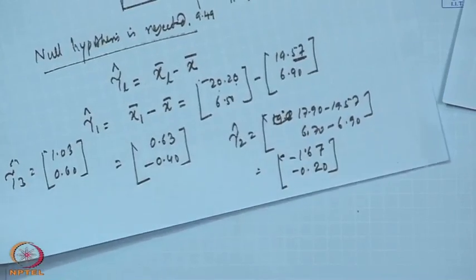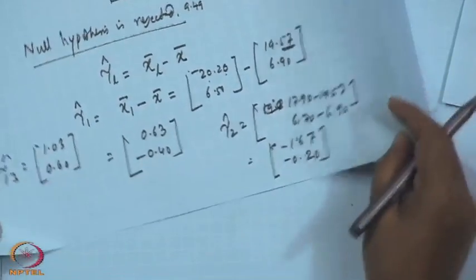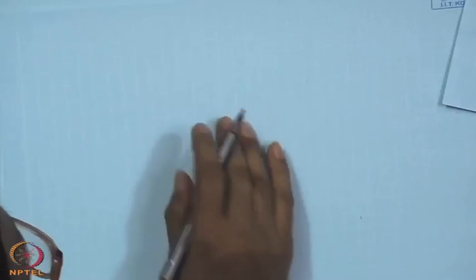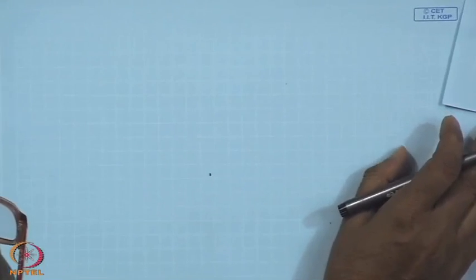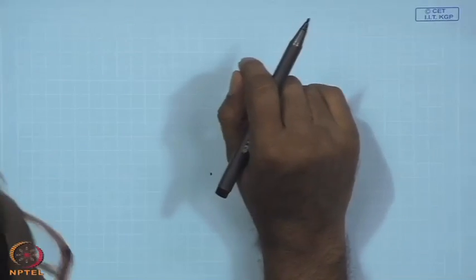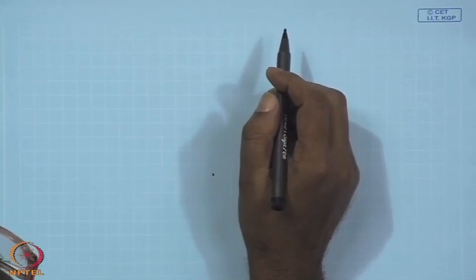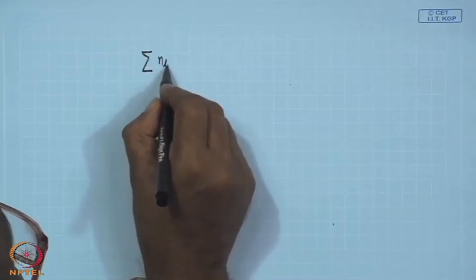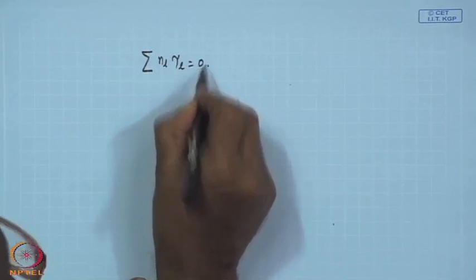Okay. I told you in the beginning of ANOVA as well as in MANOVA, we say that the population parameters, the tau L's, have a certain property. That property is that the sum total of N L tau L will be equal to 0.